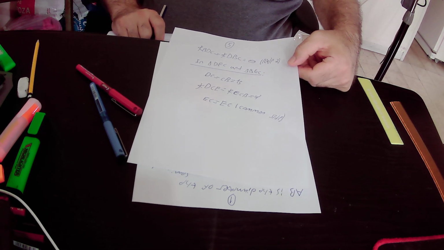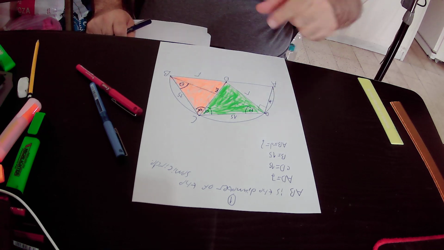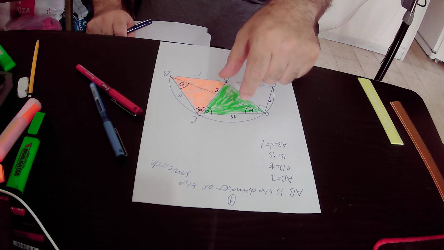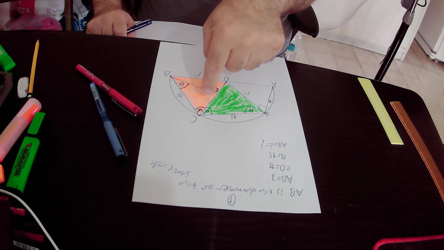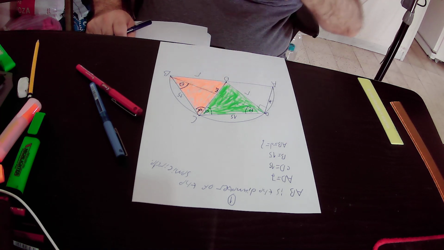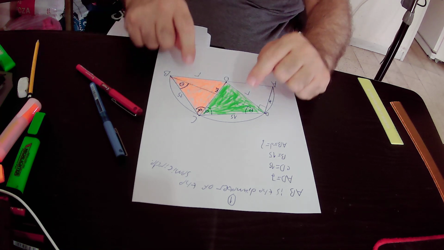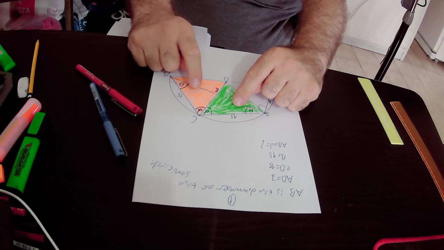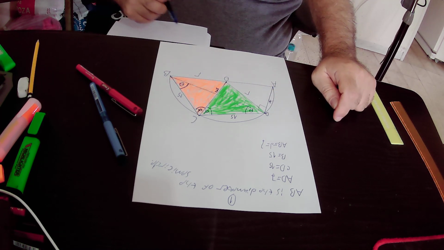So we actually proved that two sides and the angle included in the green triangle are equal to two sides and the angle included in the orange triangle. Therefore, we proved that those two triangles are congruent to each other according to the side angle side rule. So I write it down.